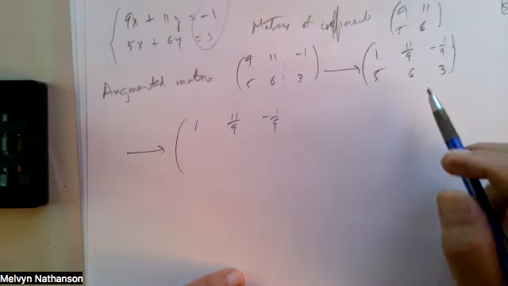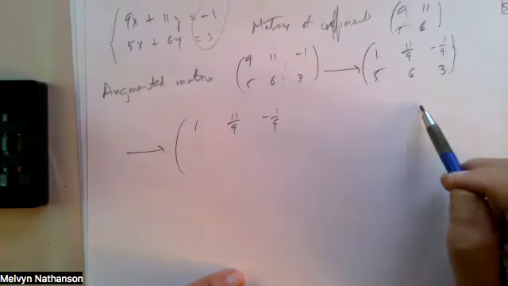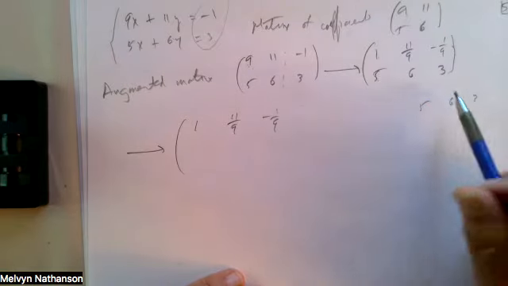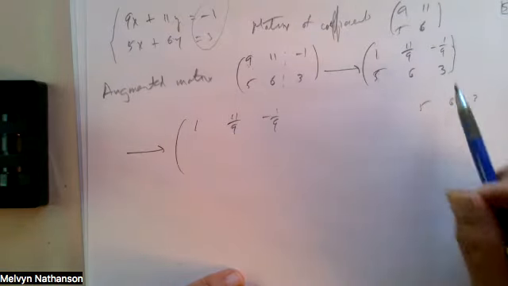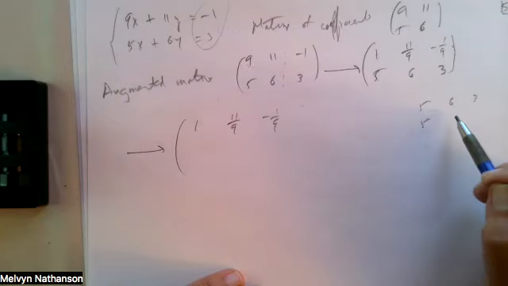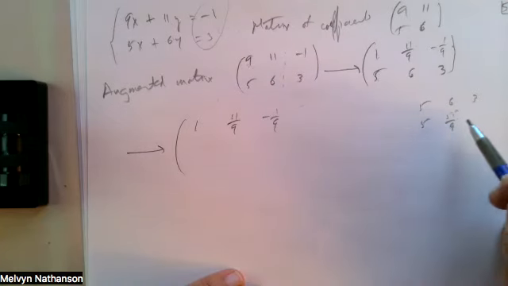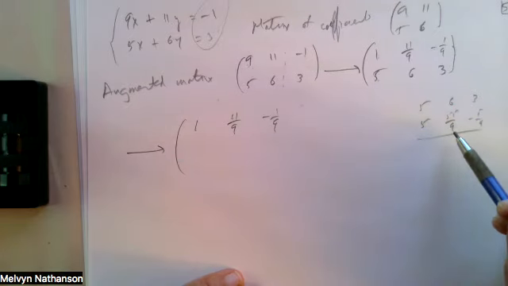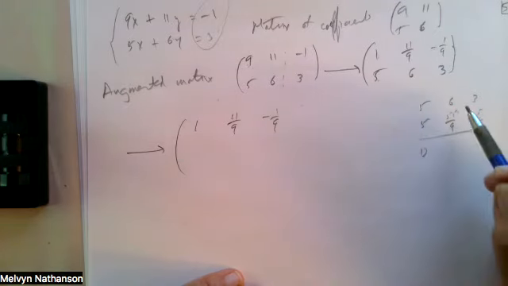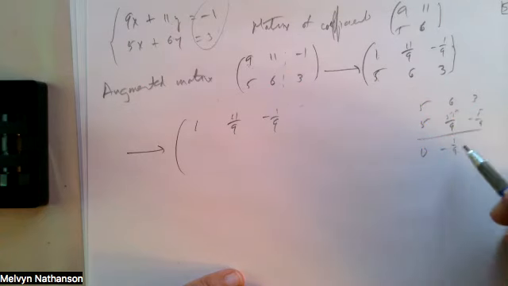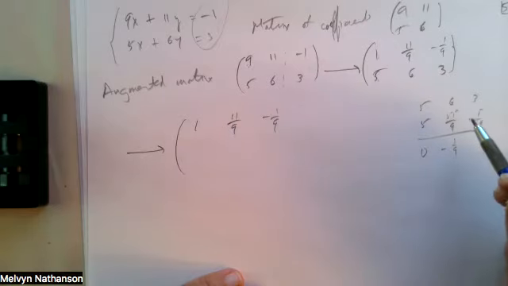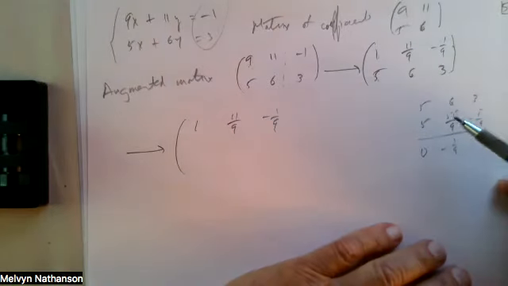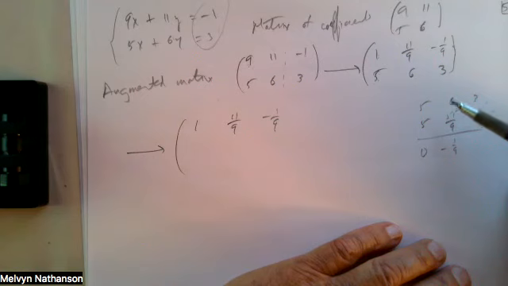Let me just write down what that means. I have the second row, 5, 6, 3. Multiply the first row by 5, I get 5, 55 over 9, minus 5 over 9, and subtract. 5 minus 5 is 0. Sorry, it's minus 5 times this row plus this row.